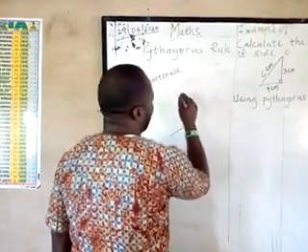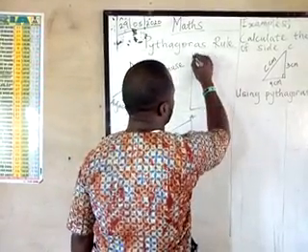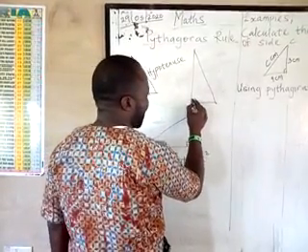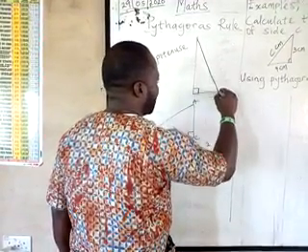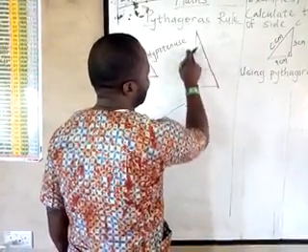Now, here is a right-angled triangle. Where this angle is facing is this line. And if you look at it very well, this line is the longest of the three lines we have.